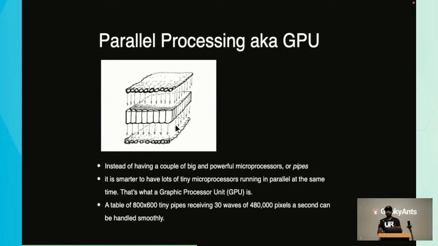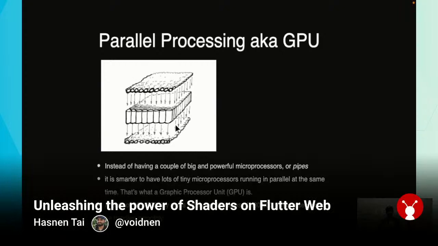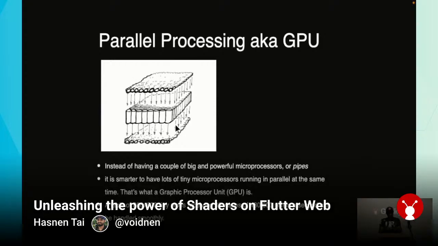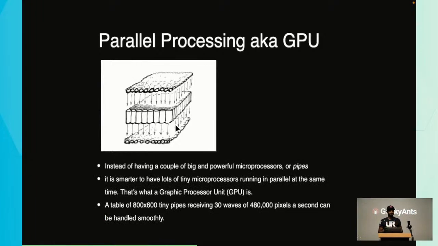So now you have 30 pipes, and you're passing those units from one pipe to another, which means you are distributing the processing units into different pipes, where they can be executed very smoothly. The GPU is designed in that way, so you can distribute the task and pass it across the pipes or processors, and it will be handled very smoothly. So now your GPU can execute those very smoothly.